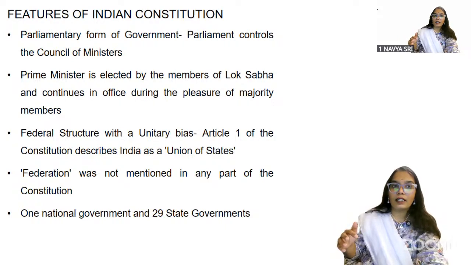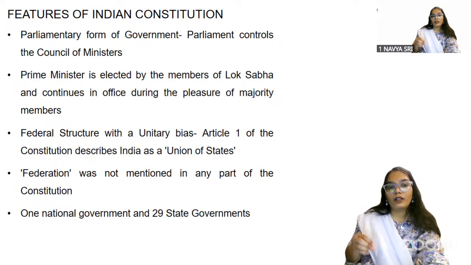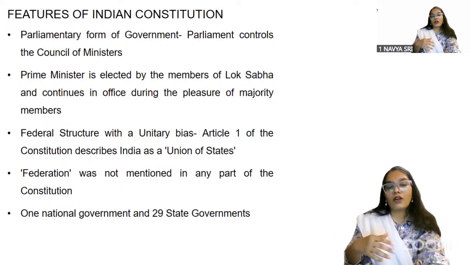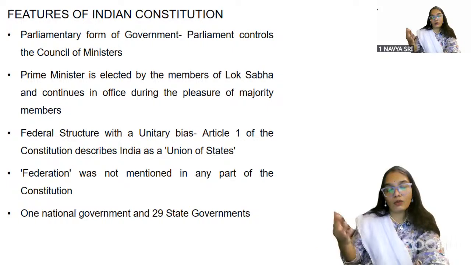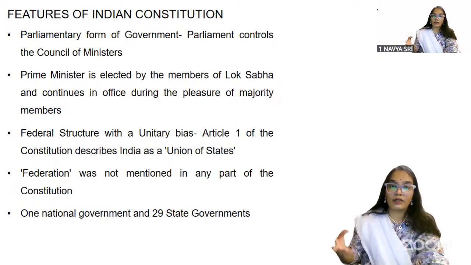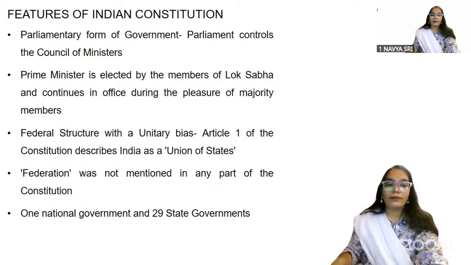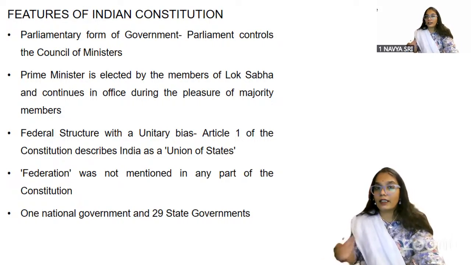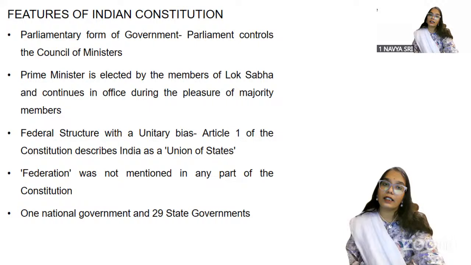It has been amended further, or the constitution was reread by the courts, of course. So they have come up with India's federal structure with unitary bias. And this federation can be seen in one national government and 29 state governments. So one government at the center and the rest are the 29 state governments in the respective states.